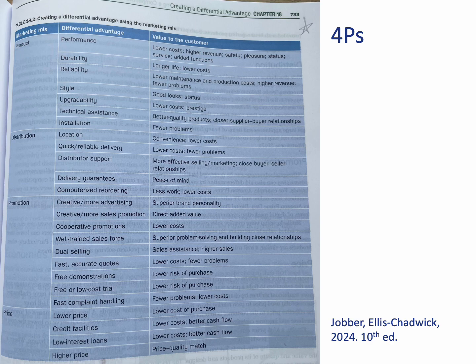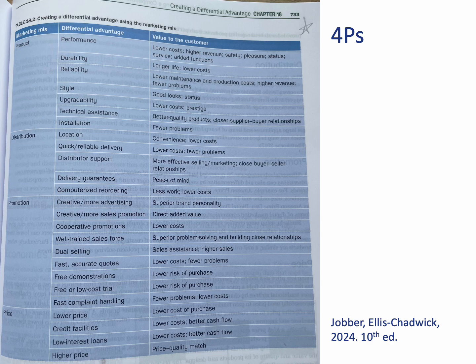You can do something about durability to extend the value for customers would be extended life, lower costs, and so forth. You can do something about technical assistance. For example, the value would be better quality products, closer supplier-buyer relationships, like Apple have Genius Bar. So it also gives this reassurance and safety net, because you can always go back there and you will get things done.